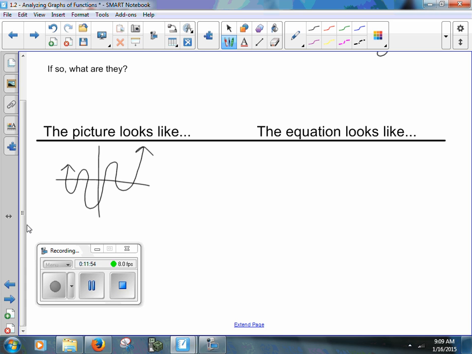No. Is this symmetrical? That just looks weird. Let's just go there. Is that symmetrical? No, that's not symmetrical. Okay? It could be a polynomial function. This would be a cubic function, probably.